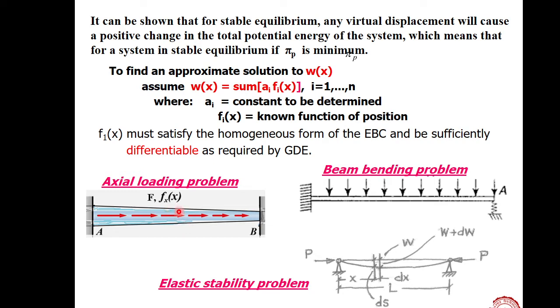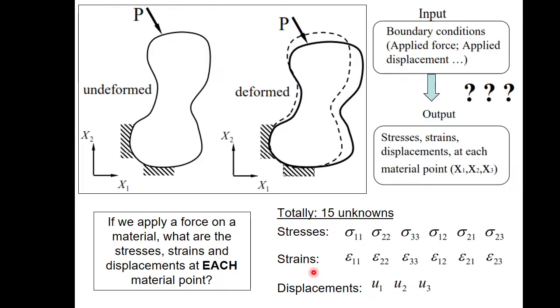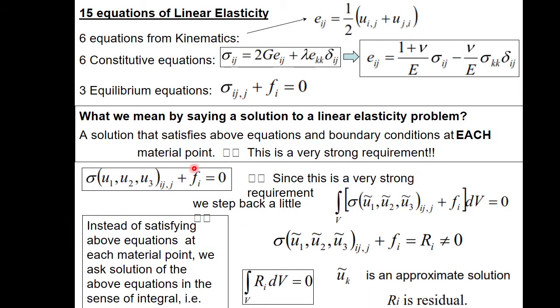So the phenomenon is different, although loading is axial. The buckling problem and this bar problem, they are different in nature. Their physics is different. So that much we will see. So that part of loading, it will come in the governing differential equation.